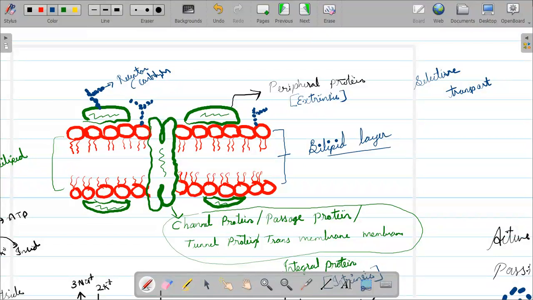Unknown trespassers cannot be allowed inside the passageway. Only a known person can be selectively admitted. Got it? So the molecules that are required and needed by the cell can only be allowed to enter. Yeah, exactly.